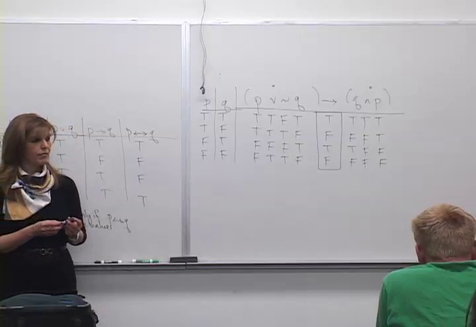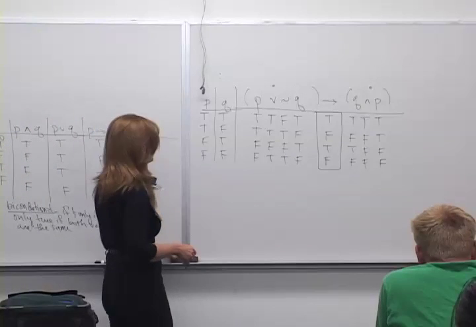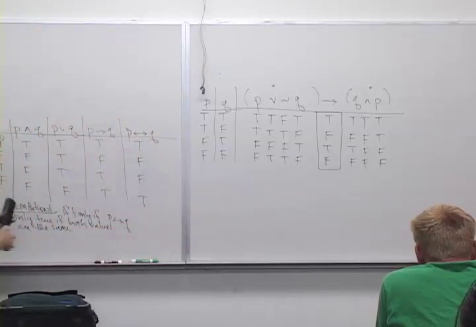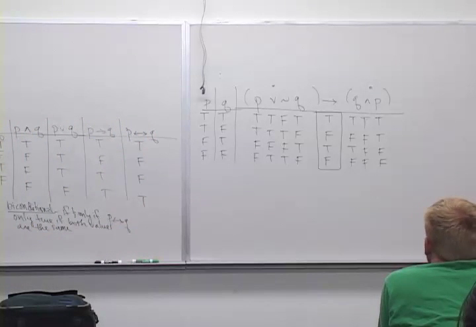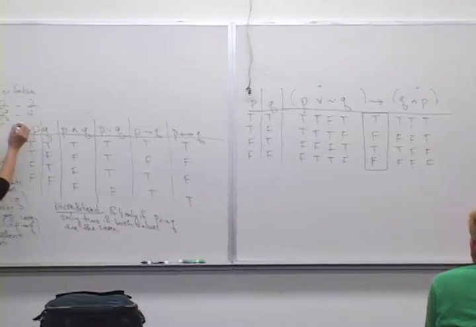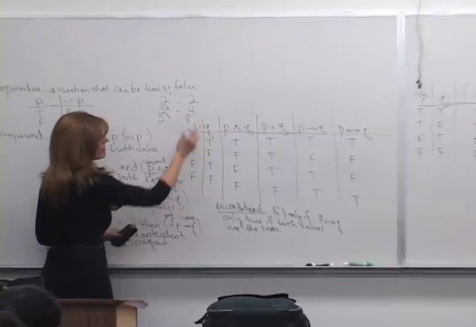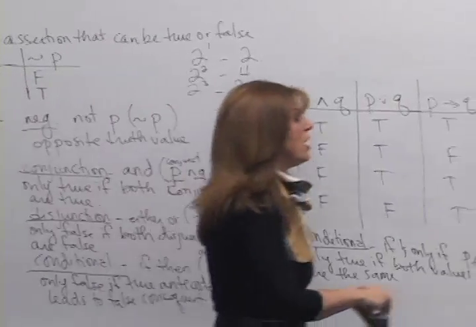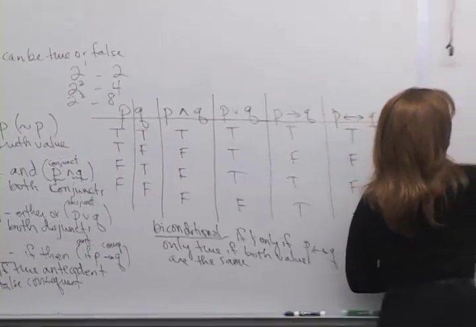Yes? What happens when you have 3 variables? Okay, so this is what we're going to do now. 3 variables. So if we have 3 variables, it's 2 to the power of 3, right? So it's going to be 8 lines.